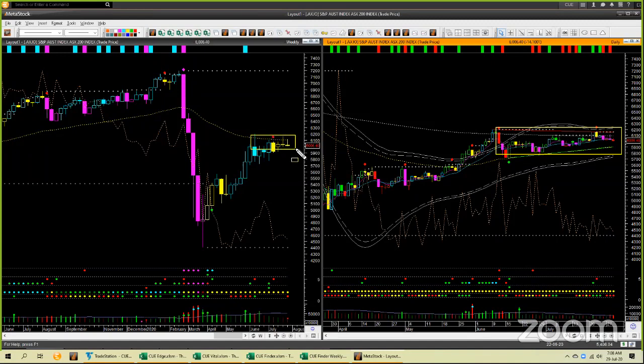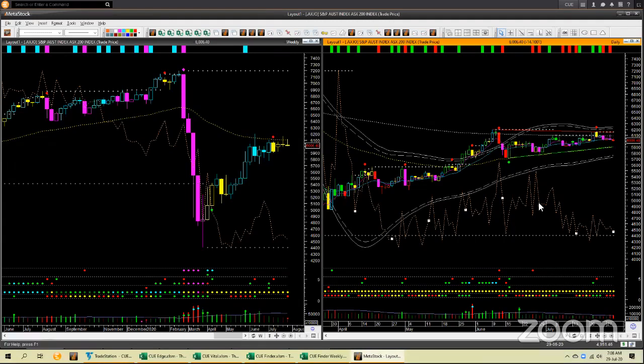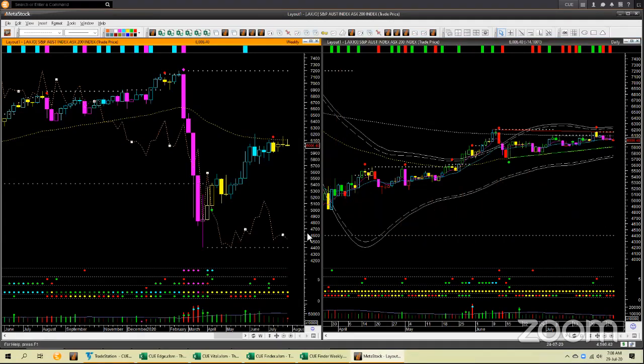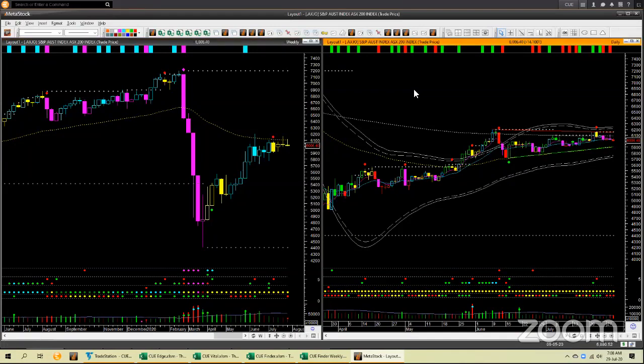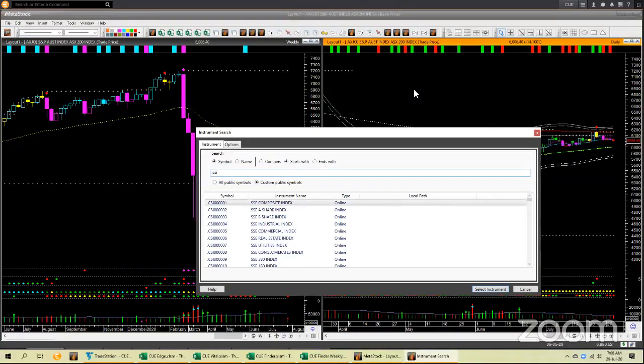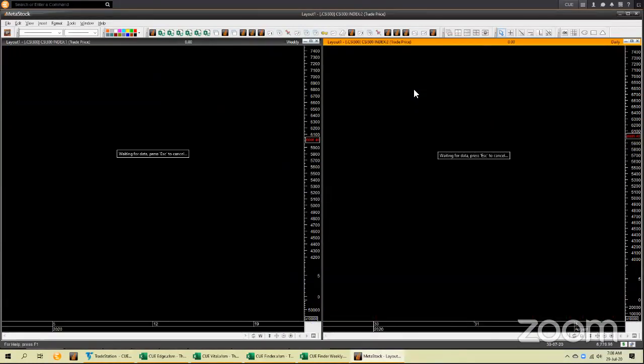The weekly was also moving inside a range, and that was not a safe time to take any directional trade. That view is continuing because we are looking at the market indices. No need to look at the relative performance. I deleted them. Let's look at the China market. I'm using the CSI 300 index.